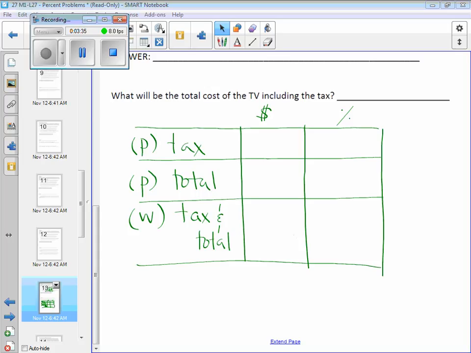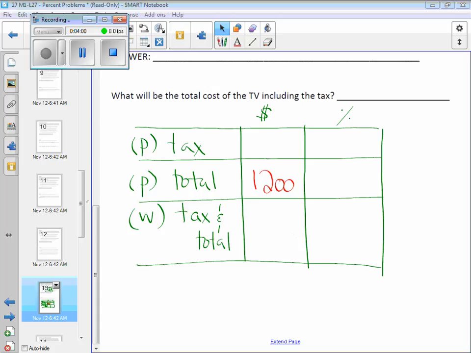1,200, who wants to come up and put it in? Nick Mathis. Do it in red, bud. Okay, step aside so everybody can see. Agree or disagree? Raise your hand if you agree.